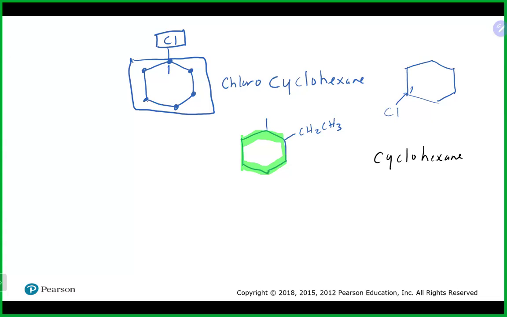I do have 2 groups attached. This group here is a 2 carbon group, which is called what? It is an ethyl group, based off of ethane because it has 2 carbons. That's basically what ethane looks like, with one less hydrogen. Now, how about this one, which is just a lonely line?